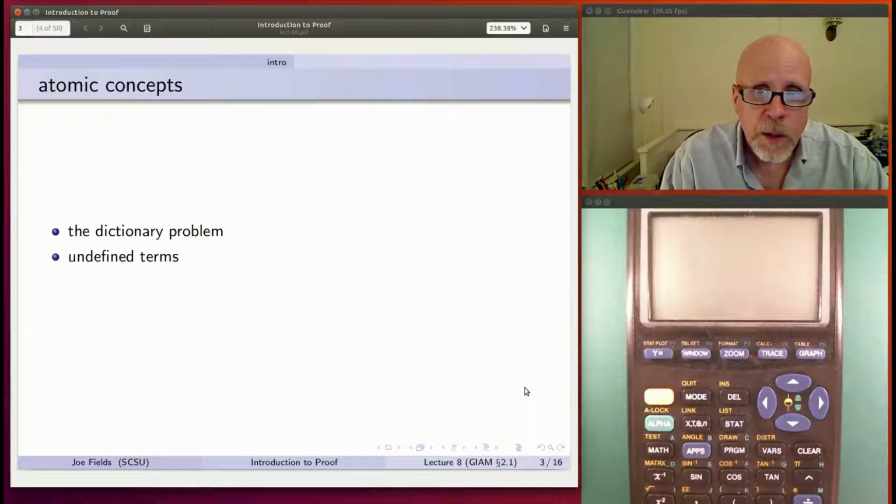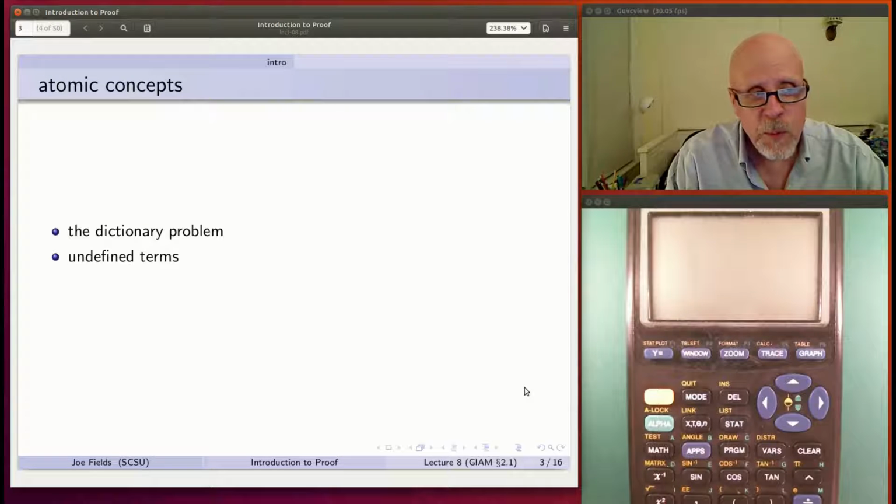There'll be terms that are just undefined, and we have to accept that the notion that different people have of what that concept is or what that word represents is more or less the same. It leads to some interesting features that sometimes, you can come up with new branches of mathematics just by having a reinterpretation of what a term is.